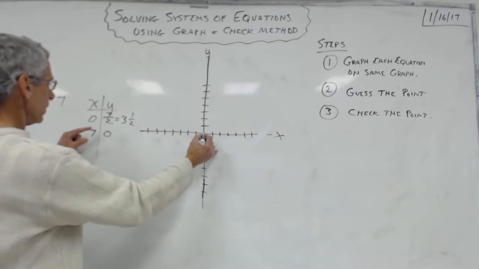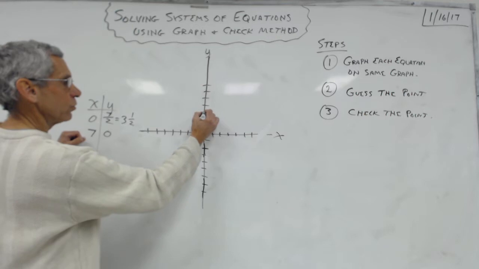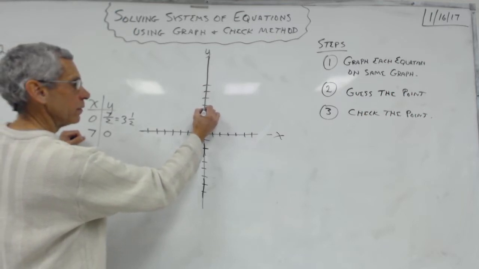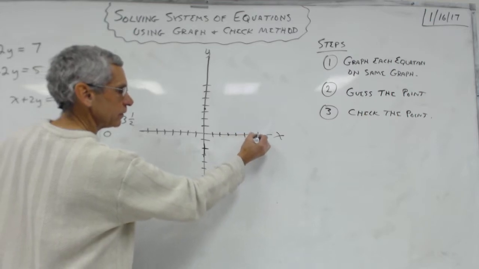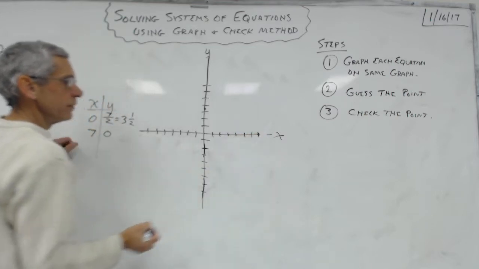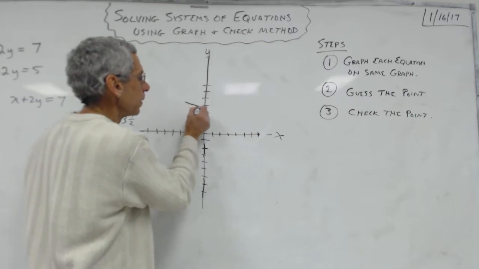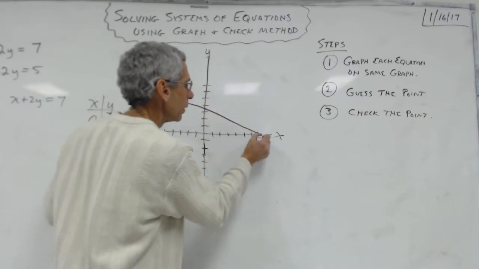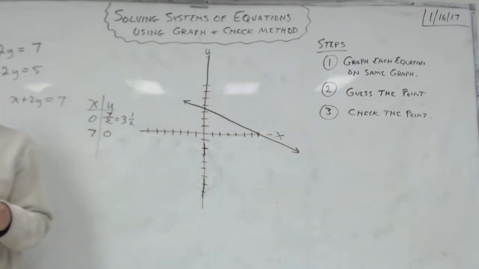Okay, so I've got 0, 3.5, 1, 2, 3.5, right there. And then this one is 7. 1, 2, 3, 4, 5, 6, 7 dots. Now, I'm going to draw my line. Now, there's nothing special, but you may notice something.